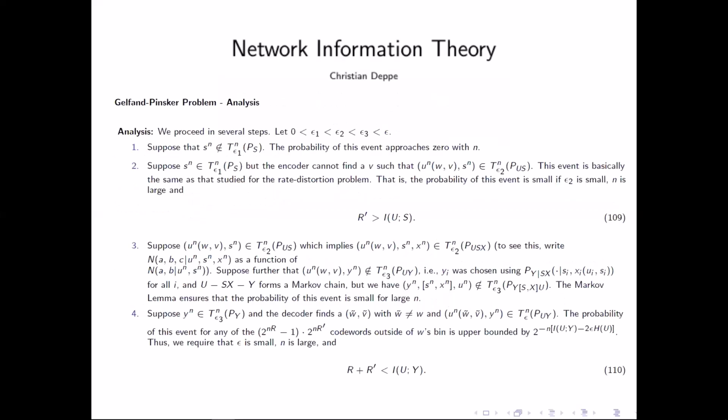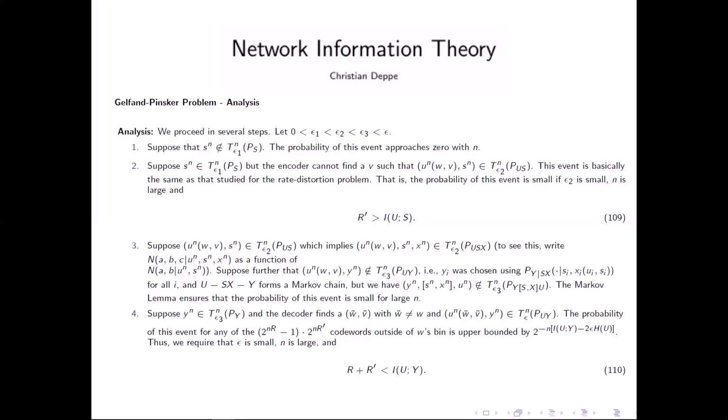Also for the analysis, we can use some thoughts we used already. Again, I think you can check on your own that all cases cover the whole probability space. So we use some kind of union bound. First we start with the case that the state sequence is not typical. And the probability of this event goes to 0 with n, we know.